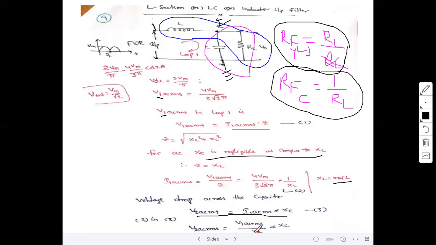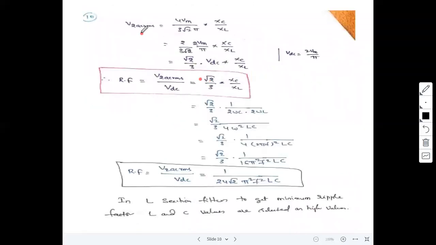So V2 AC RMS is V1 AC RMS into XC by XL. Now simplify this. 4 Vm can be written as 2 into 2 Vm. Why? Because 2 Vm by pi is equal to VDC, to represent the DC.